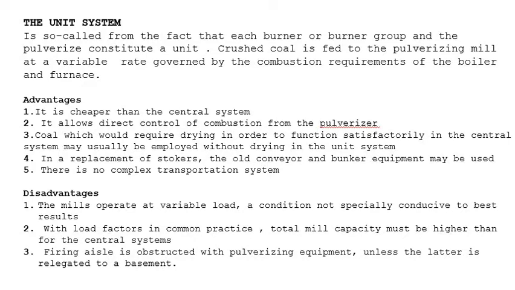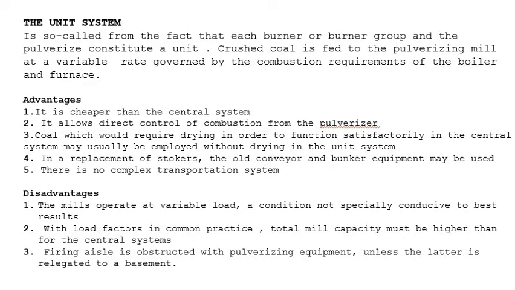Coal which would require drying in order to function satisfactorily in the central system may usually be employed without drying in the unit system. A replacement of stokers and coal conveyors or bunker equipment may be used. Next, there is no complex transportation system.